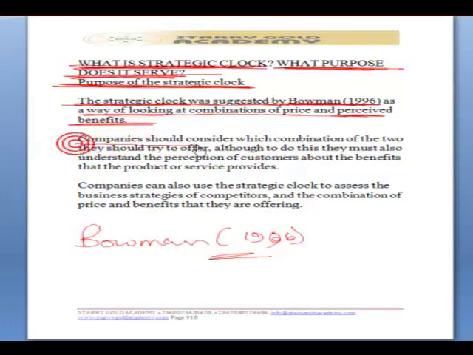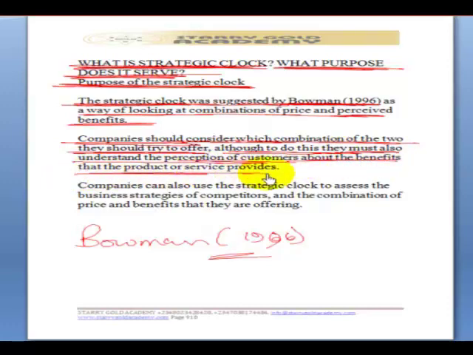So we have many companies that usually consider which combination of the two they should try to offer at a point in time. Although to do this, they may also understand the perception of customers about the total benefit which the product or service will actually provide to the final consumers.